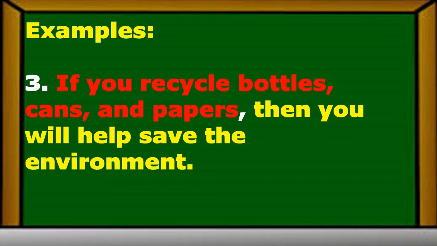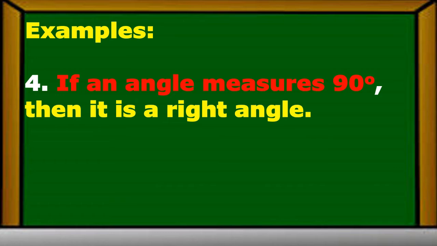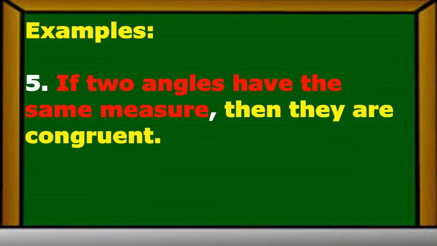Our next example is, if you recycle bottles, cans, and papers, then you will help save the environment. Another example. If an angle measures 90 degrees, then it is a right angle. The last one is, if two angles have the same measure, then they are congruent.